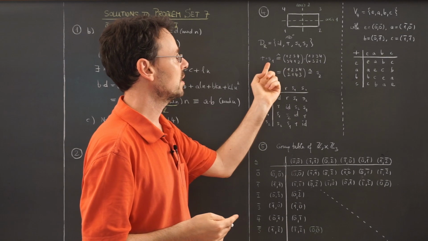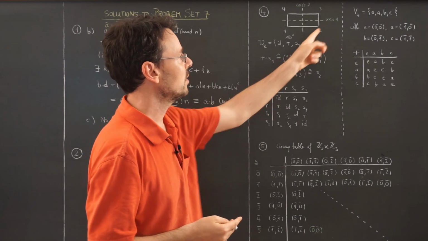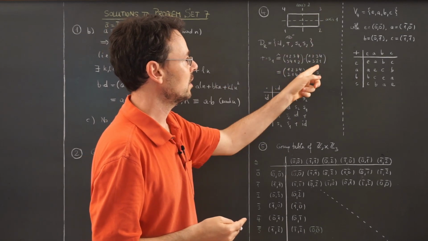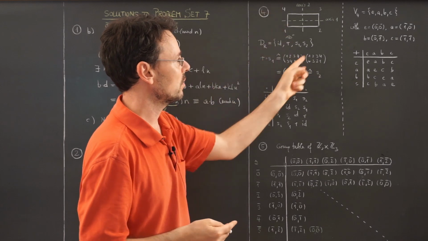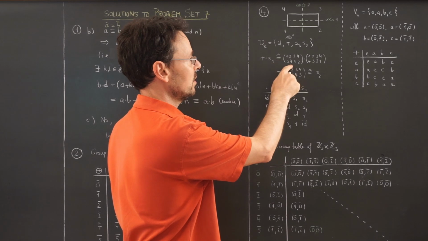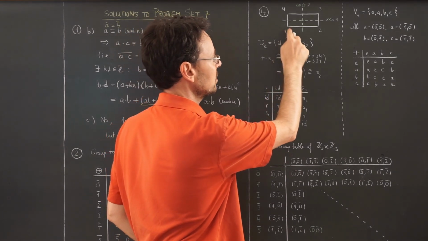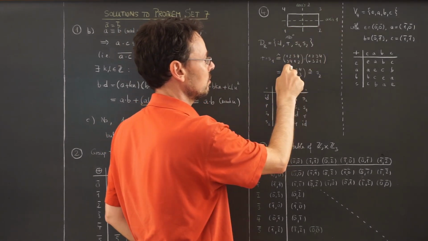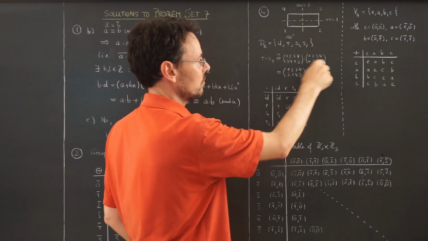This here is the permutation of S1. Why? Because 2 and 3 get interchanged and 1 and 4 switch places. And then the rotation by 180 degrees puts this here in position 3, this here in position 4, and so on.